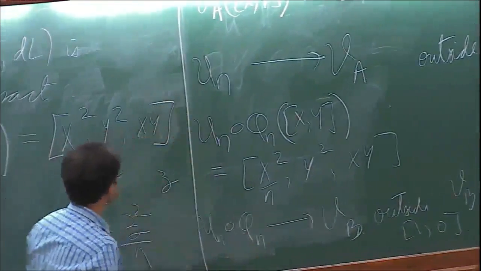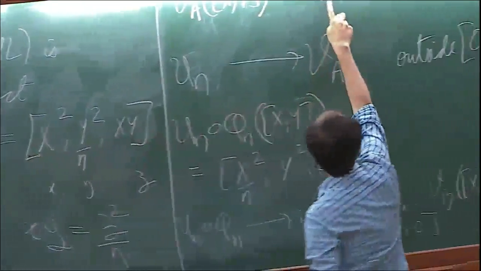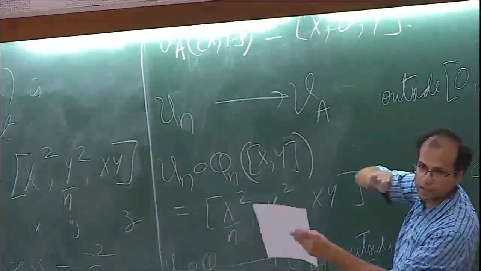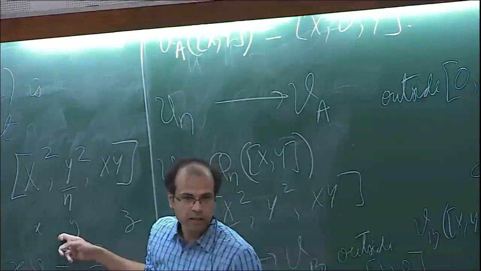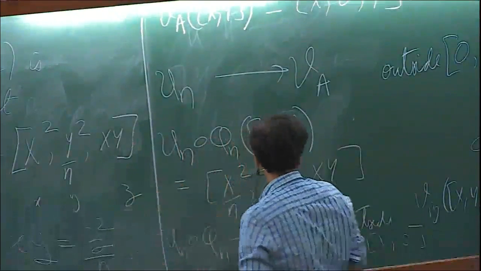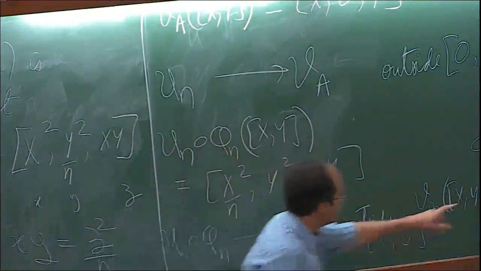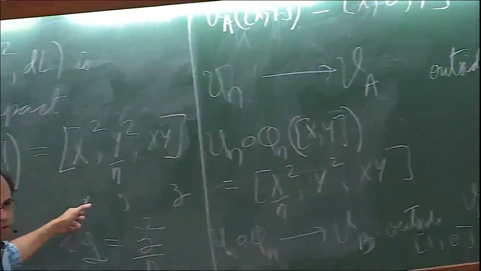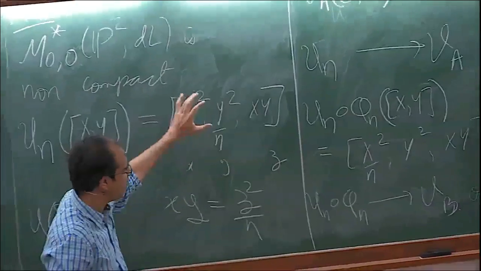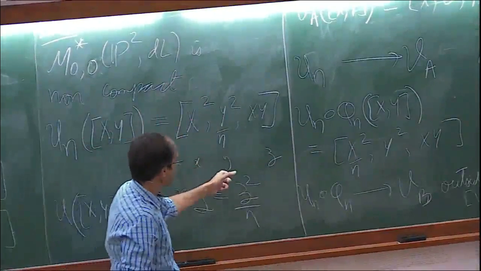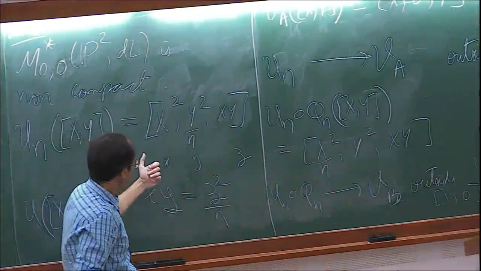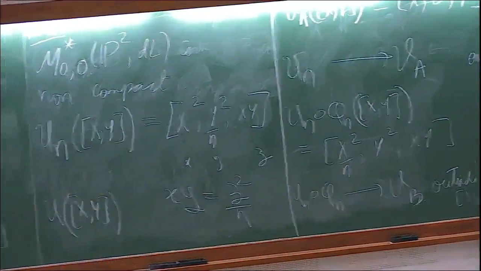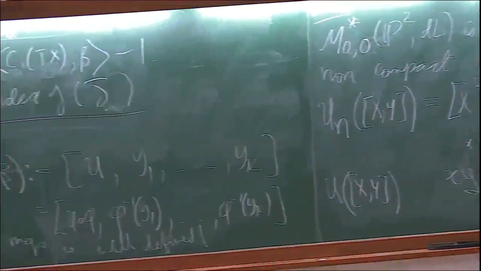The first guy converges to x, 0, y, which is basically the line y equal to 0. And after rescaling, it converges to 0, y, x, which is the line x equal to 0. So I produced two limits by rescaling: the initial one was converging to y equal to 0, and after rescaling, it converges to x equal to 0.